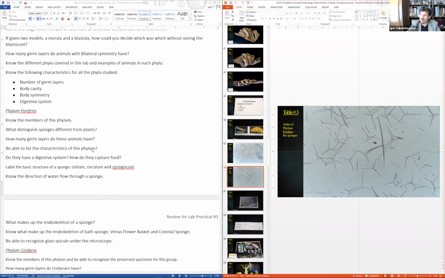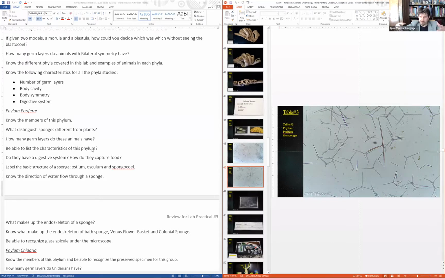And then, of course, they don't have a true symmetry. They are asymmetrical. They don't have a digestive cavity whatsoever. They have intracellular digestion. The digestion happens within the cells, specialized cells, but it's the cells. They're not creating any kind of cavity. Do they have a digestive system? No, they do not. How do they capture food?